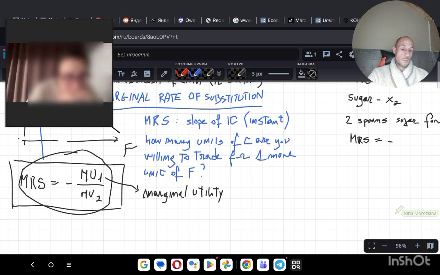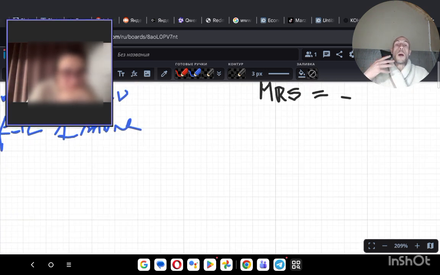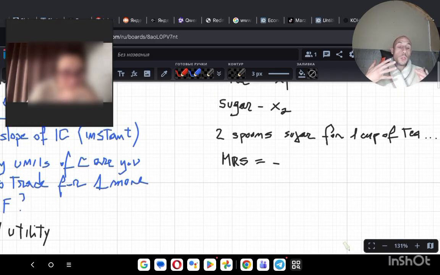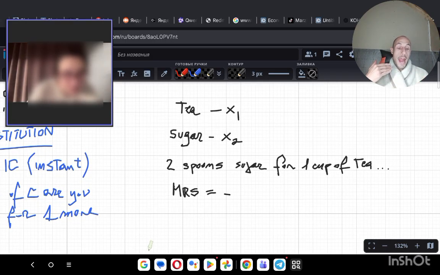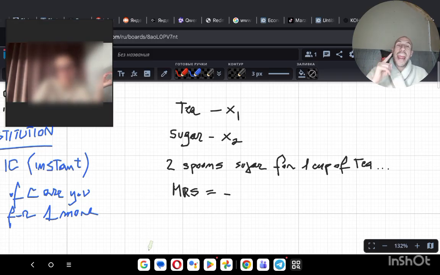If it was upward sloping, it would mean that you would be happier giving away 2 spoons of sugar and 1 cup of tea, not to trade. So I give away everything. Exactly.